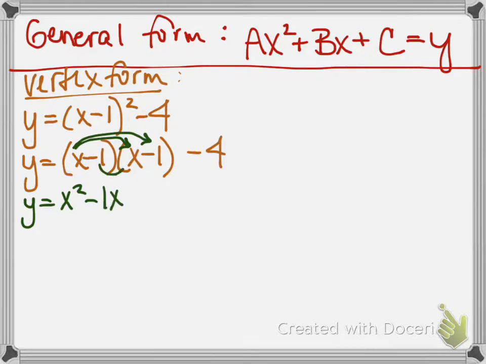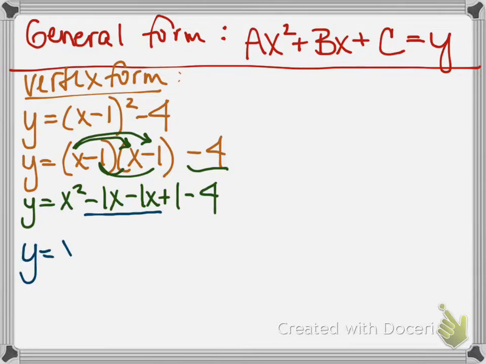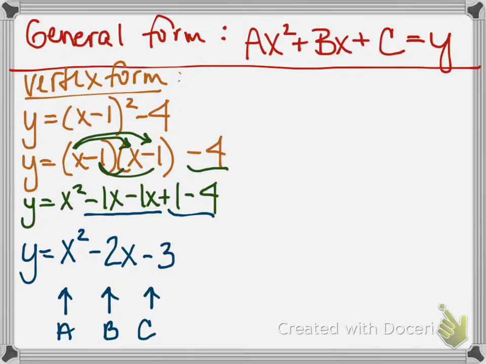I have negative 1 times x, which is negative 1x, and negative 1 times negative 1, which is a positive 1. On the end here, I'm just bringing this down, minus 4. And now I combine like terms. So like terms, negative 1x, negative 1x, so y equals x squared, negative 2x, and 1 minus 4 is negative 3. And now you can see here's my A, here's my B, and here's my C. So this is vertex form in general form.